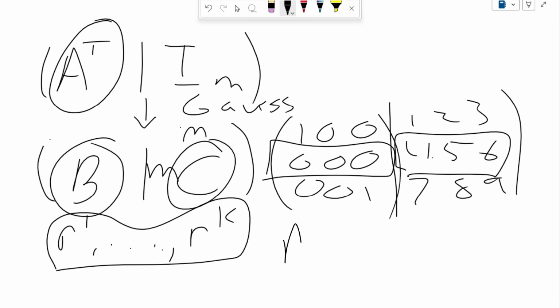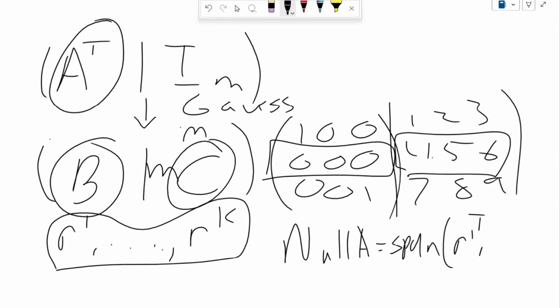It turns out that null of A is just going to be the span of R1 transpose, through RK transpose.